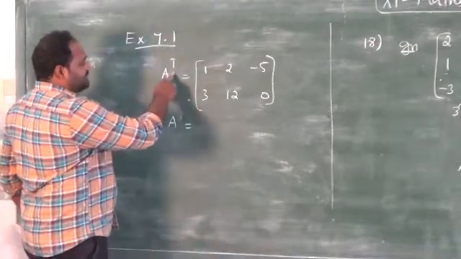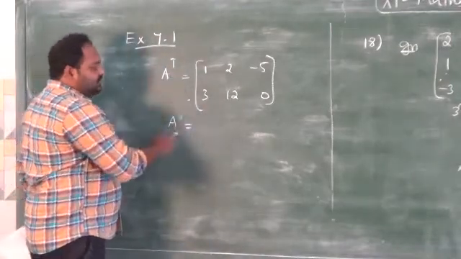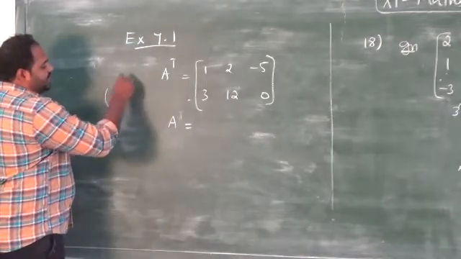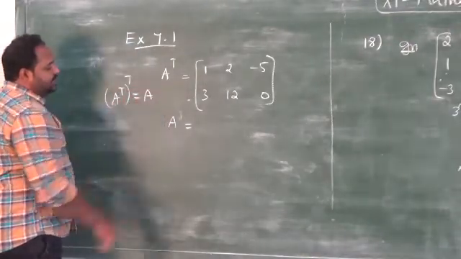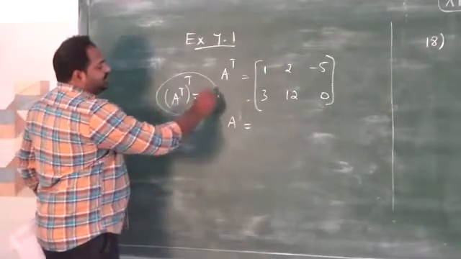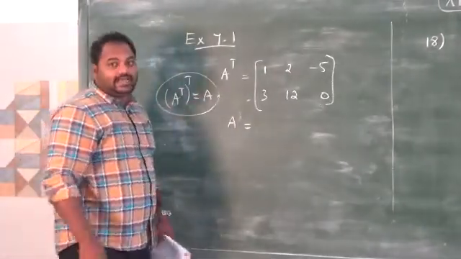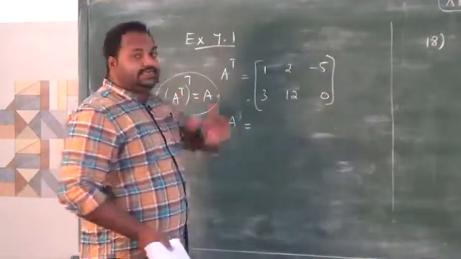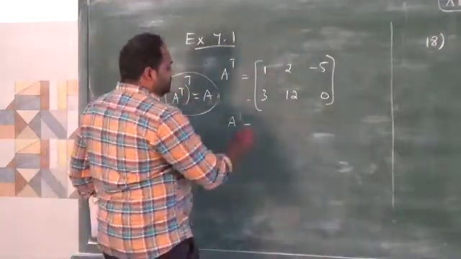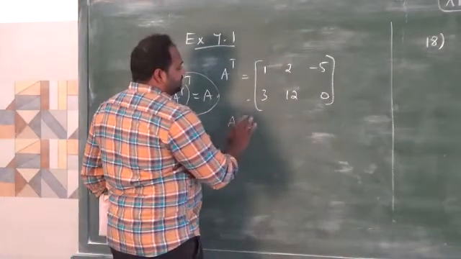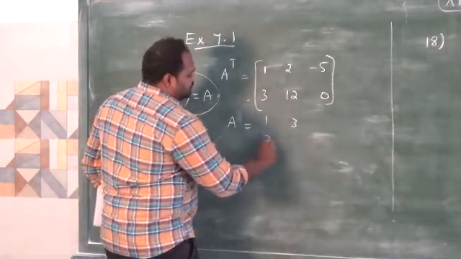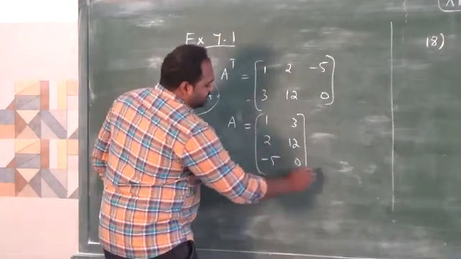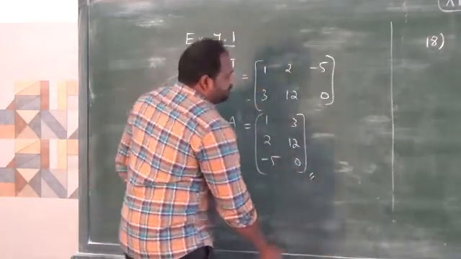If you take the transpose once again for this A transpose, it will be A. This is an important solution. If you take the transpose of any A transpose, B transpose, again you will get the same matrices. Now A is equal to 1, 3, 2, 12, minus 5, 0. So this is the value of A.